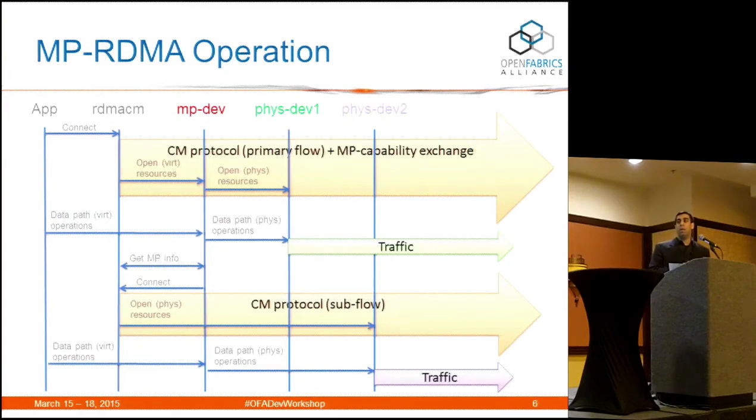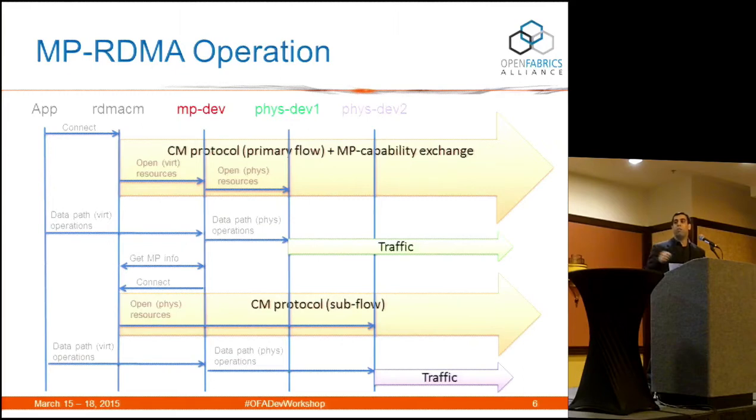Once this flow is created, we negotiate via private MADs, doing something very similar to MP-TCP, which is where the name comes from. We exchange capabilities about the different addressing between the two nodes.